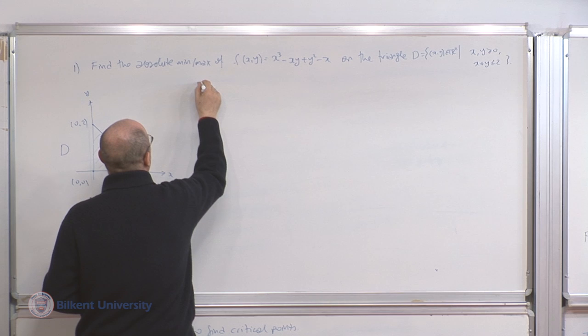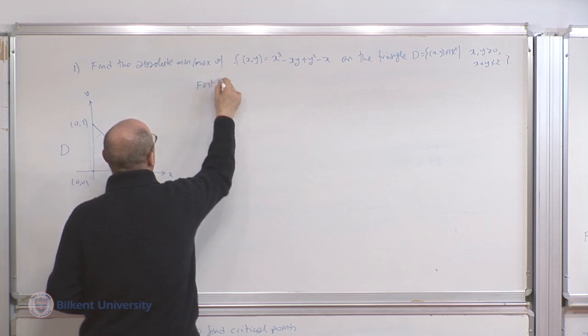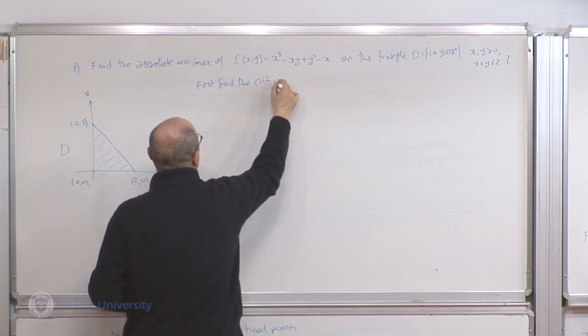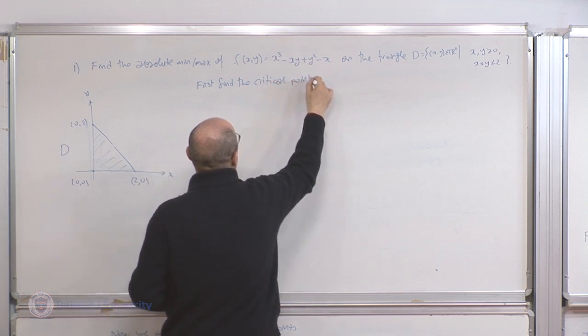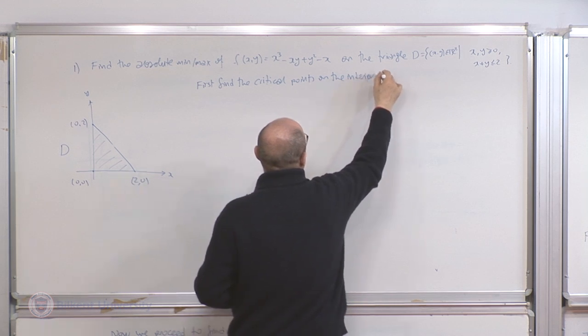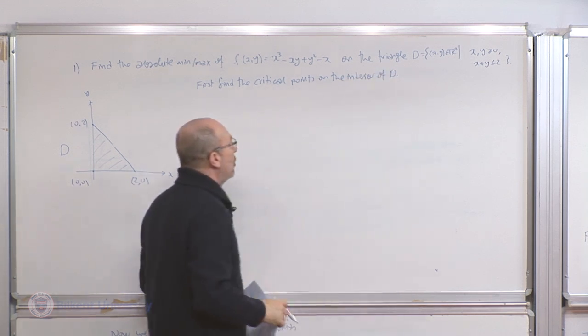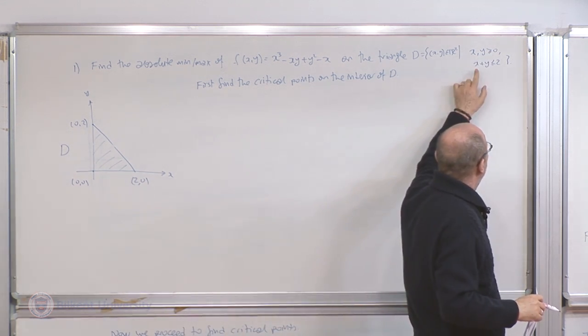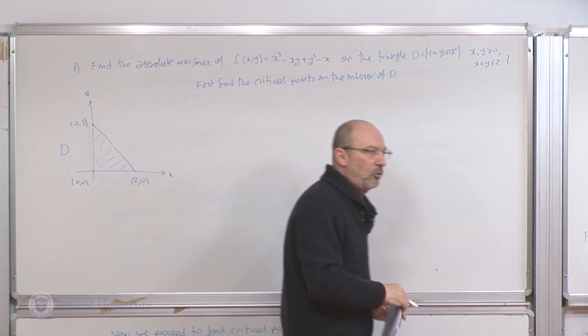So first find the critical points on the interior of D. So interior of D is x and y strictly positive, x plus y strictly less than 2.